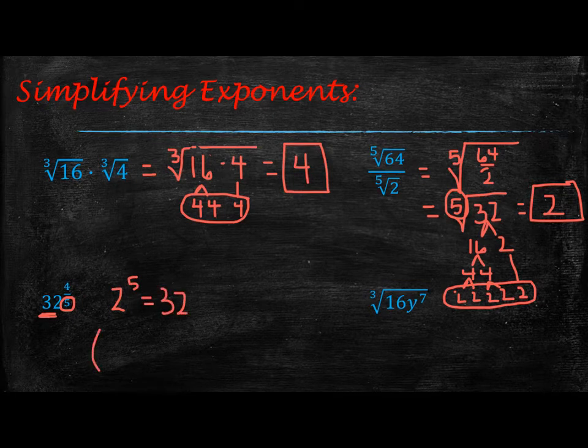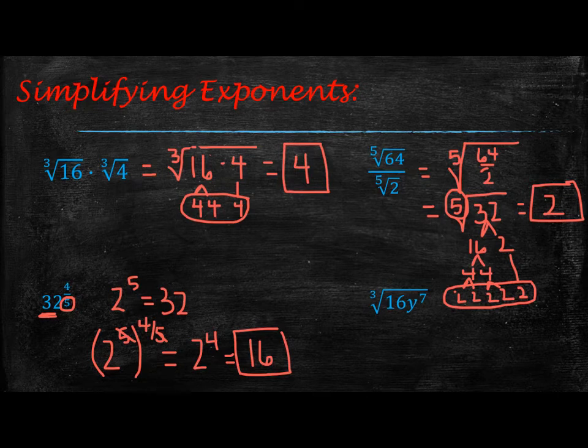So let's write 32 as 2 to the 5th power, and then I'd have it to the 4/5 power. If you remember, power to a power you multiply. If you take 5 times 4/5, those 5s cancel, so this is just 2 to the 4th power, and 2 to the 4th power is 16.